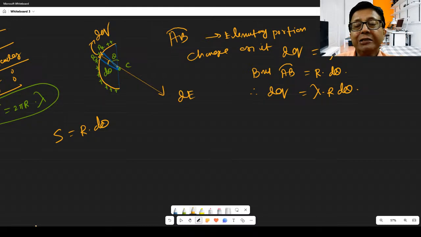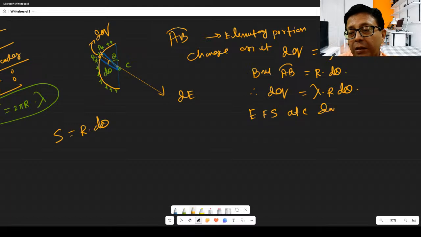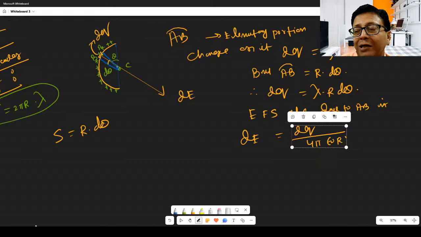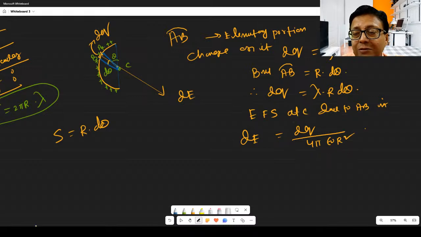Now what is the electric field at C for that? EFS at C due to AB is dq by 4 pi epsilon 0 r square. dq value is what?